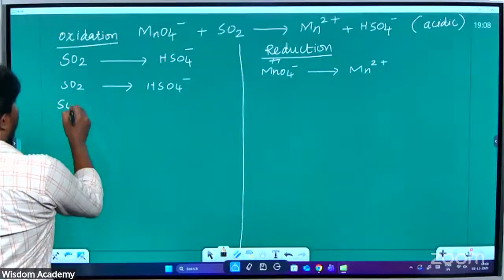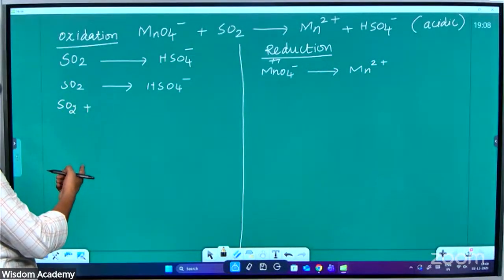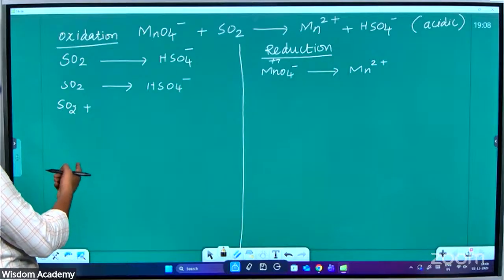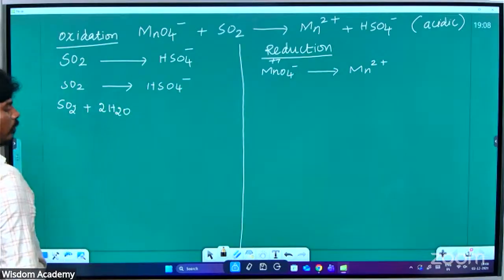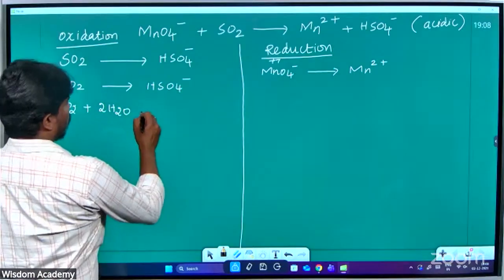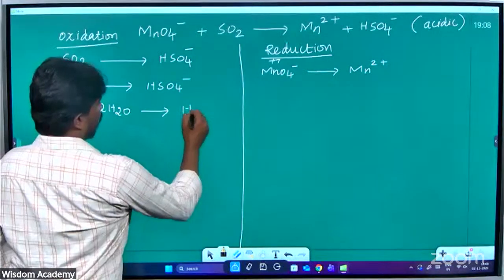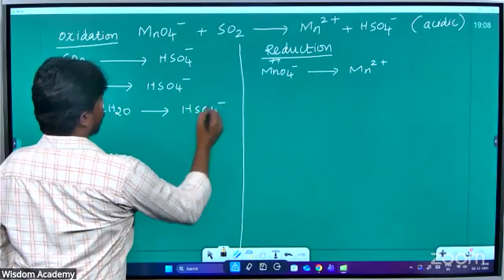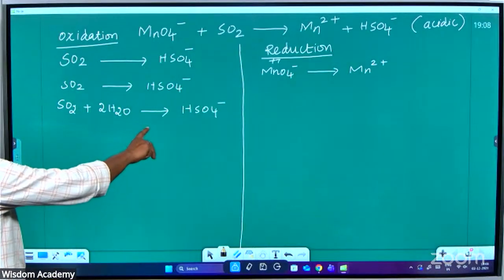Here SO2 plus 2H2O gives HSO4 minus, and then plus 4H.